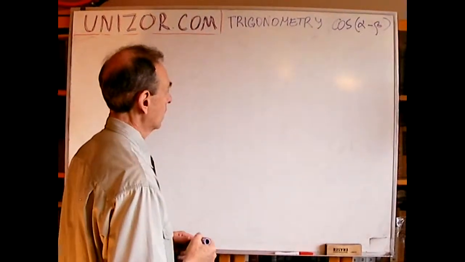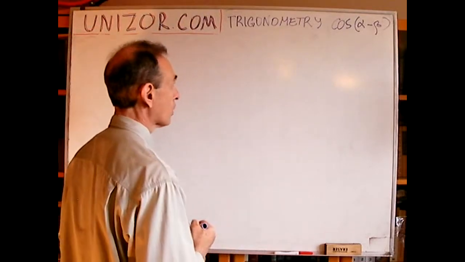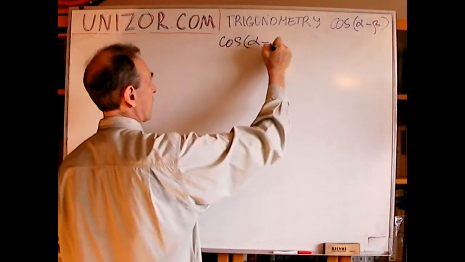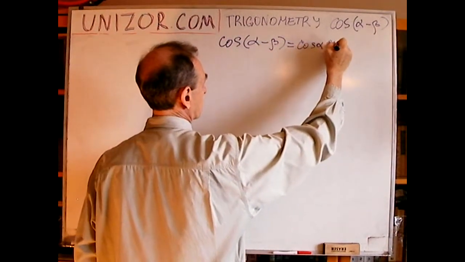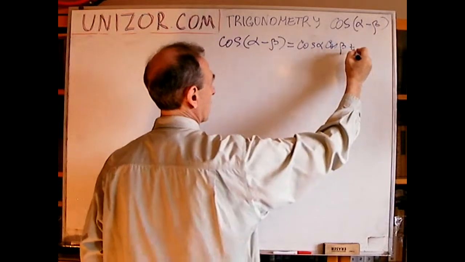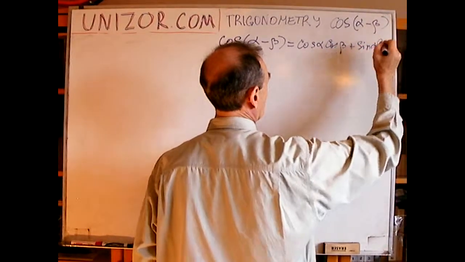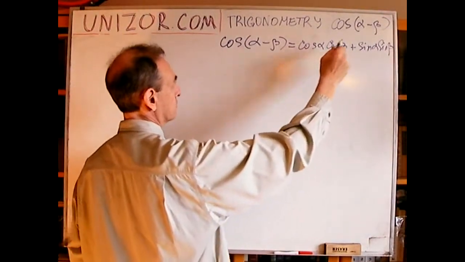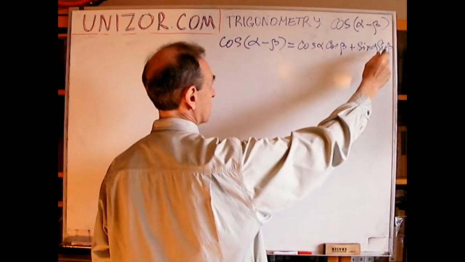First, I will derive the formula for the cosine of the difference between two angles. Cosine of alpha minus beta is cosine alpha times cosine beta plus sine alpha sine beta.